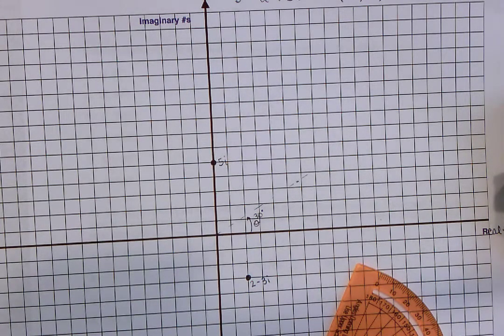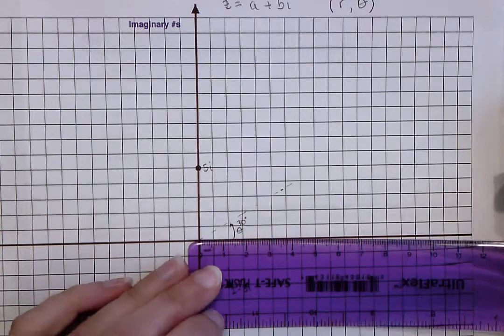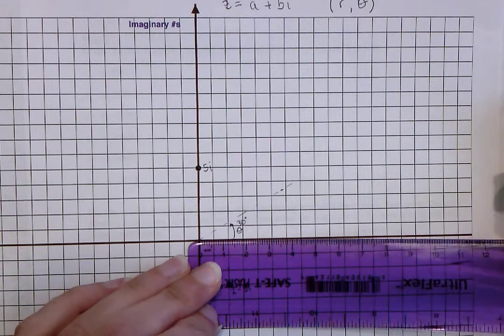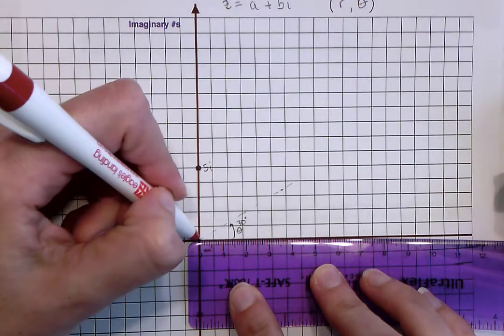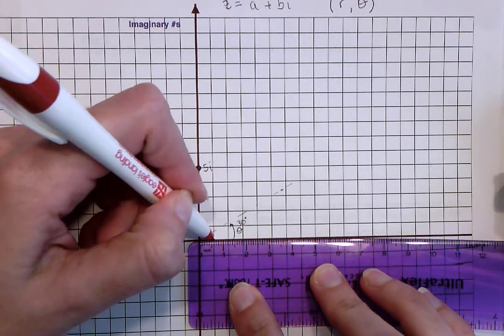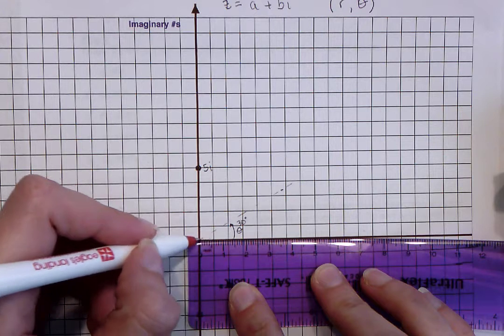And what I have to do now is figure out how I'm going to do 3 as my radius. So I'm going to look at these right here to help me figure out how long each unit is. And I can see here it's 6 millimeters, 6 little tick marks on here.